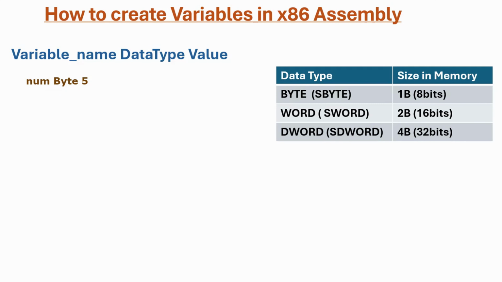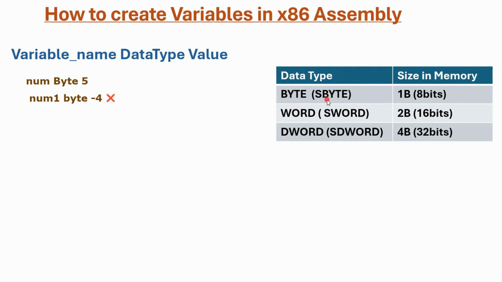Let's take one more example. Let's say I'm going to write num1, another variable name, byte, minus 4. Do you think it is valid? No, it's not valid. Why? Because we are assigning a negative value to a byte, and for negative values we must use the signed byte data type.